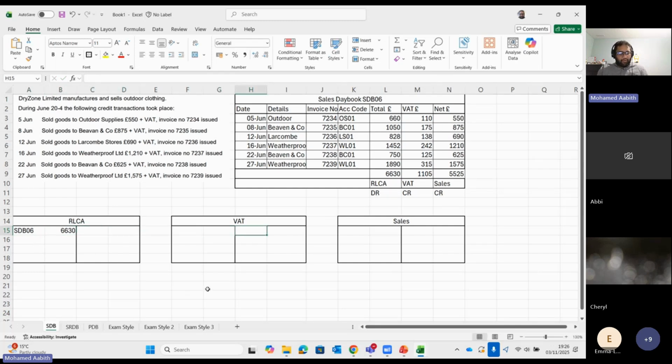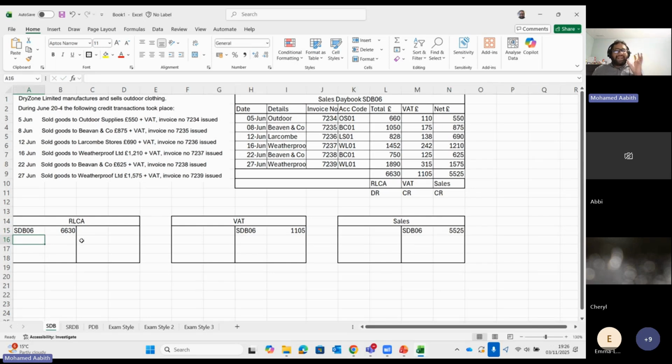On the VAT account, we're going to say SDB 06, and this was transferred on 1105, and the last one is sales daybook 06, 5525.